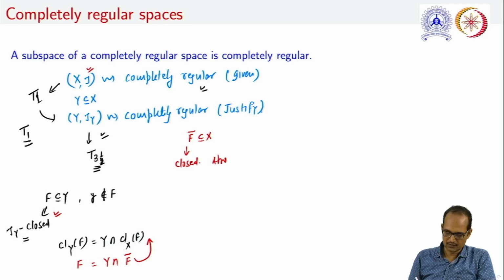Also it is to be noted that y is not an element of the closure of F. Now because this space is completely regular and satisfying the criteria of T3 and a half spaces, what we can say is that there exists a continuous function.